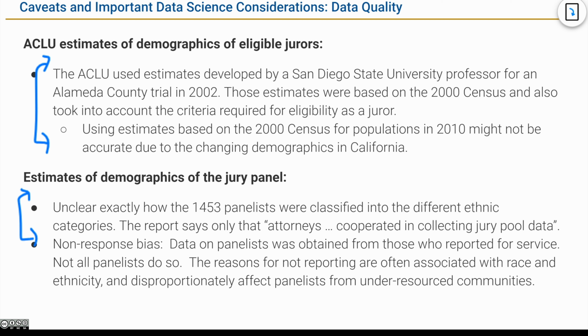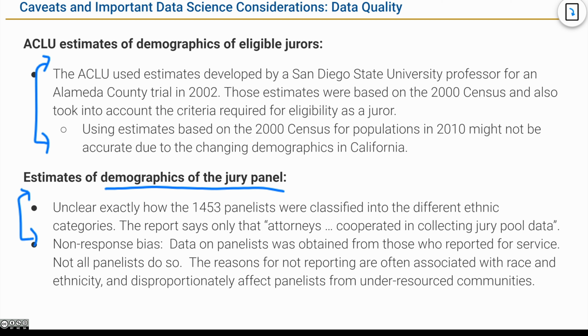And then the other piece, which we discussed on the previous slide, was there really is non-response bias, because the data that we received for the demographics of the jury panel assumed that the juror who was summoned actually showed up. So it is quite possible that a juror was summoned and didn't show up, and then it looked as if the jury panel had a not random or not representative selection, but that was more just due to this non-response bias from jurors who didn't come.